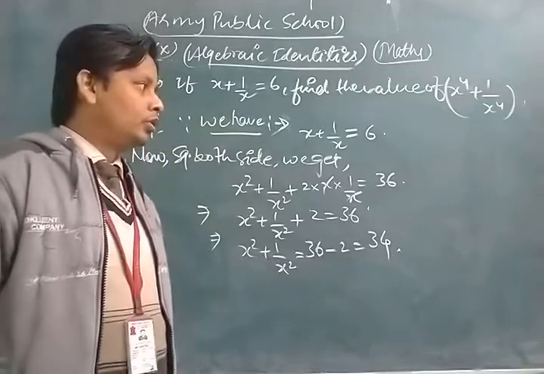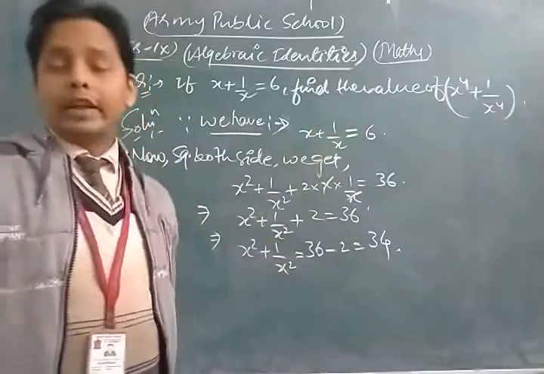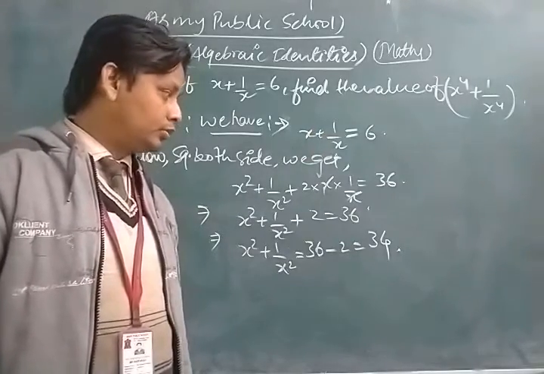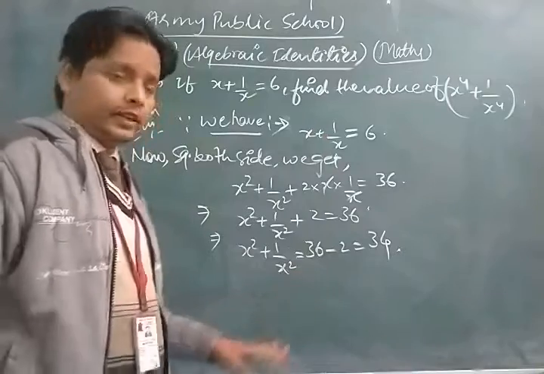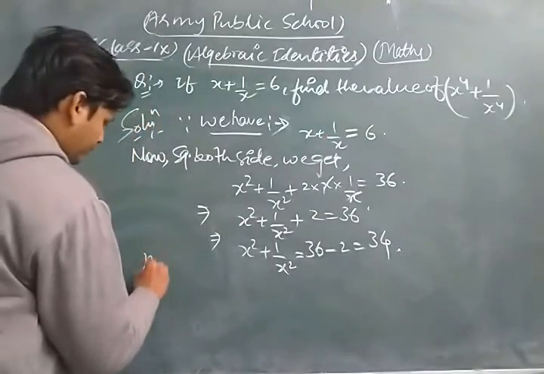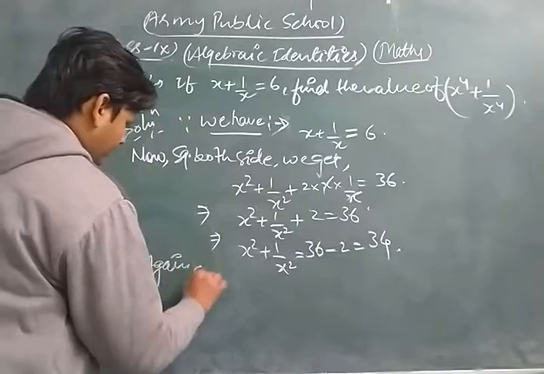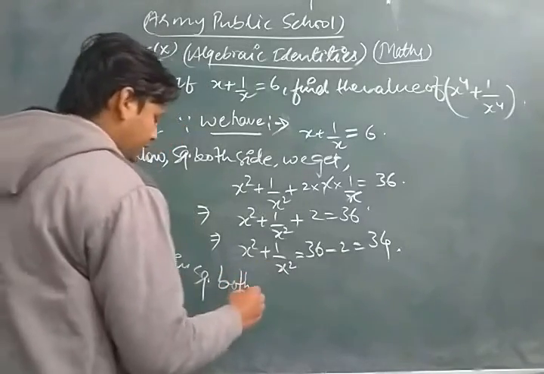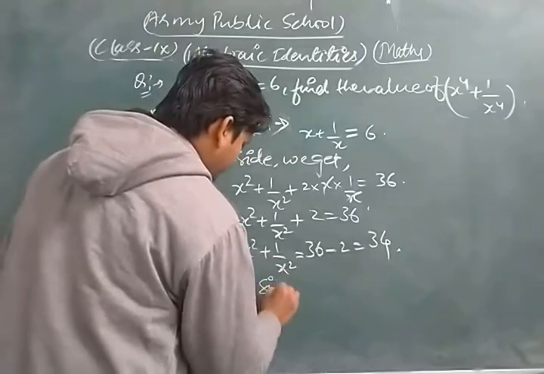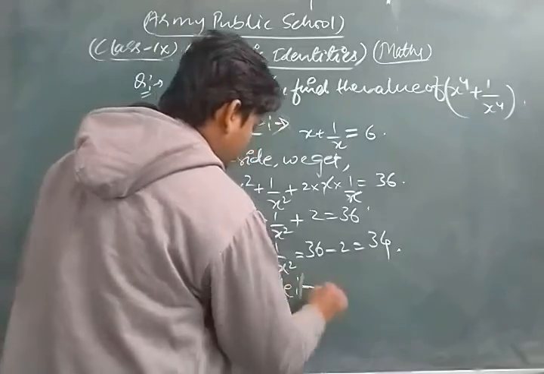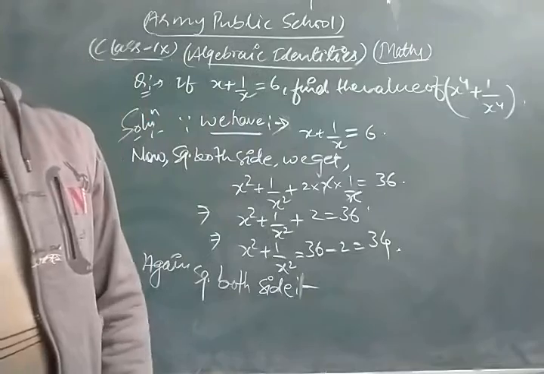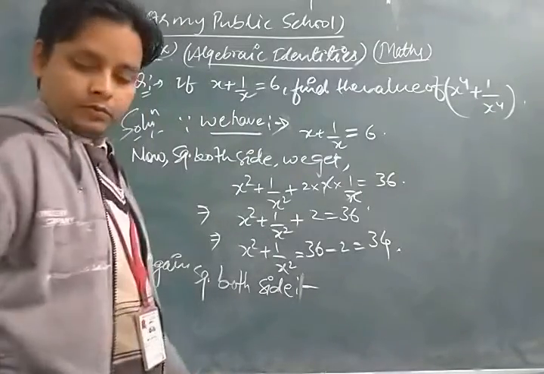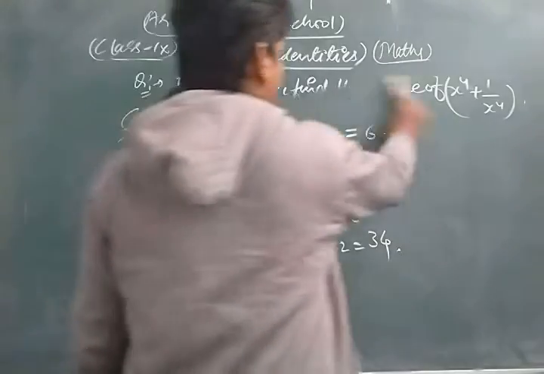the value of x square plus 1 upon x square is equal to 34. Now, dear student, we want to find the value of x to the power 4 plus 1 upon x to the power 4. So for that, what do I do? We again square both sides.